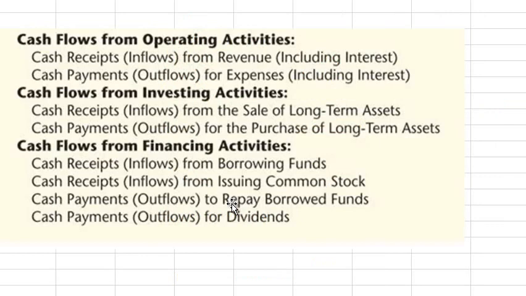Here's a short summary of the definitions that will work for our purposes here in this course. The easiest way to remember these, I think, and it's pretty much a memorization activity, is to remember what qualifies as investing activities and financing activities, because there's fairly few of those, and then realize that everything else is going to be an operating activity.